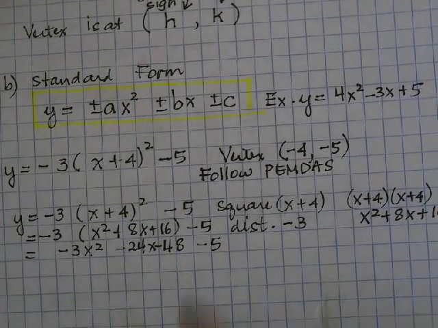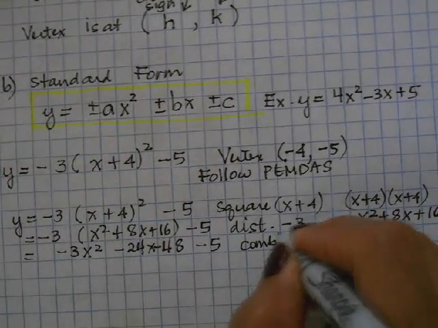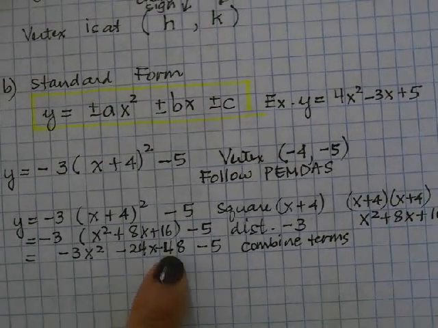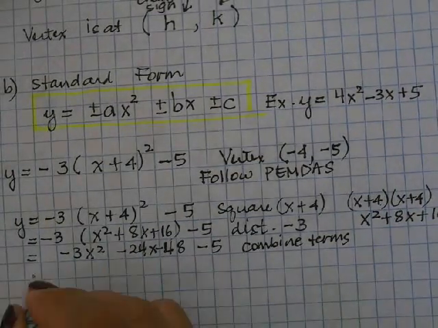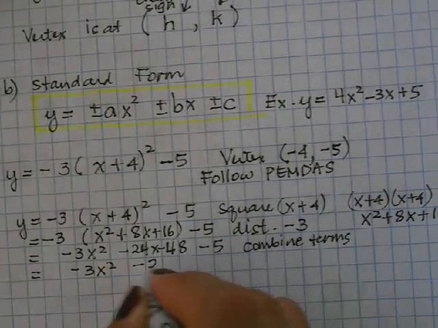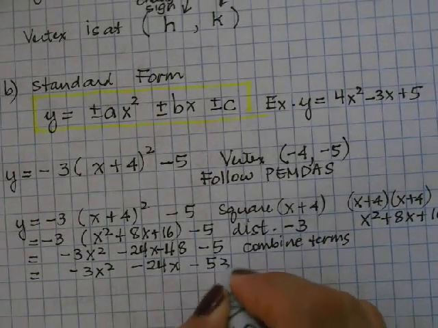The last step is you combine like terms. What can you combine here? The negative 48 and the negative 5. So this would be negative 3x squared minus 24x minus 53.